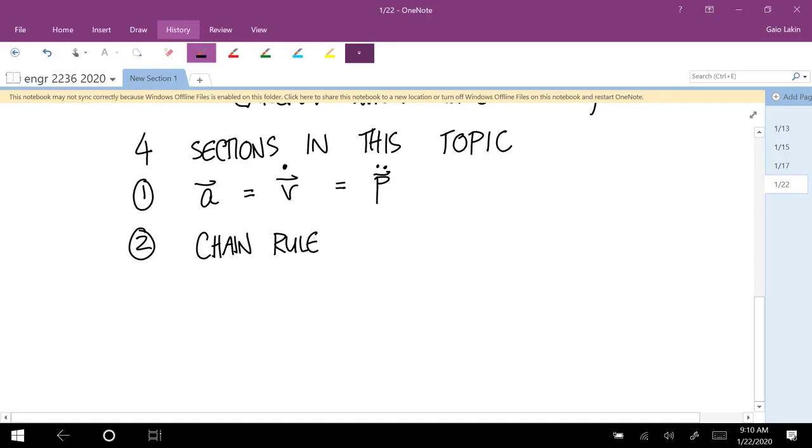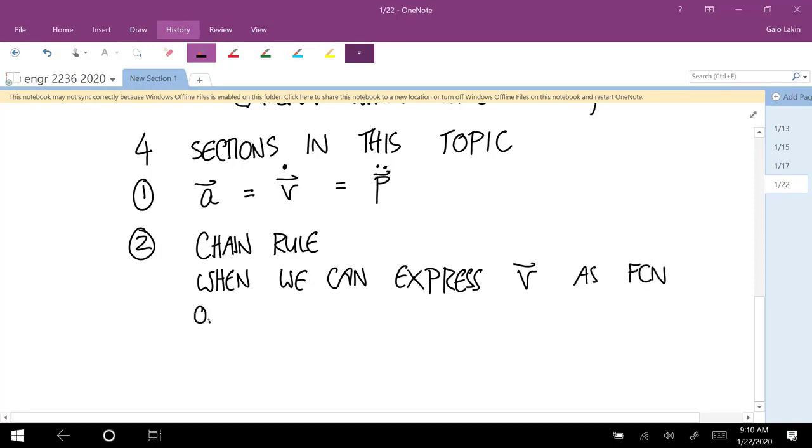And we're going to use the chain rule when we can express the velocity vector as a function of the position.